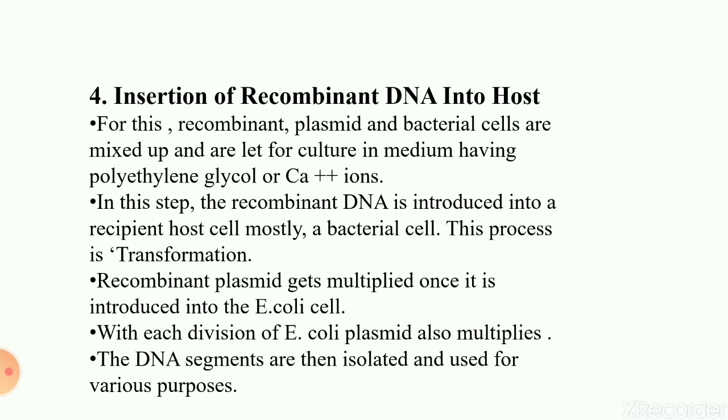In this step, the recombinant DNA is introduced into a recipient host cell, mostly a bacterial cell. This process is called transformation. What is transformation? The entry of recombinant DNA into the host cell is called transformation.